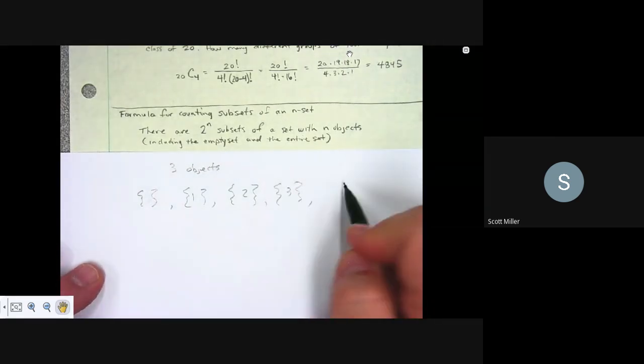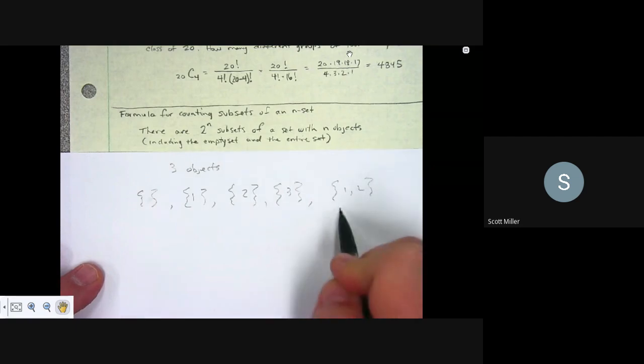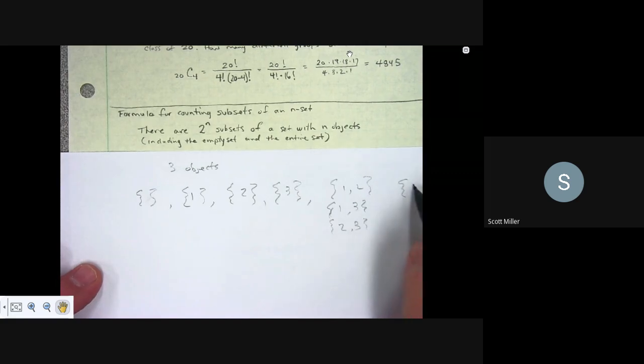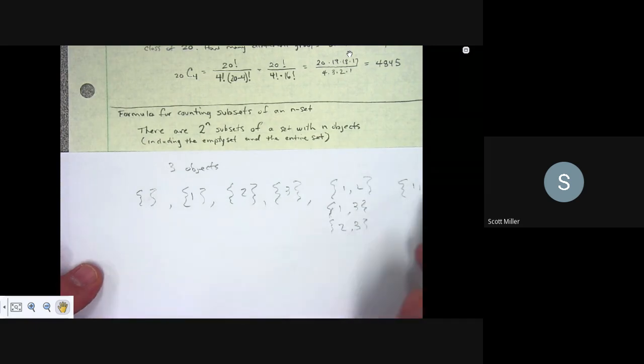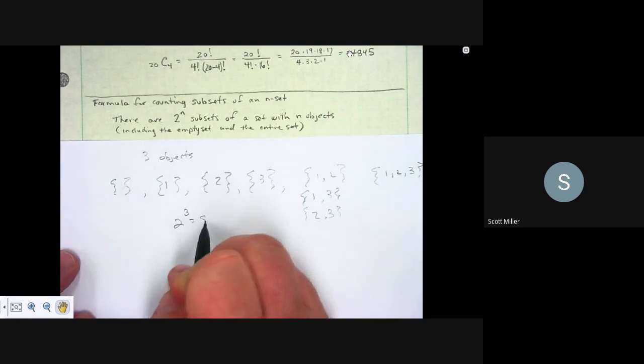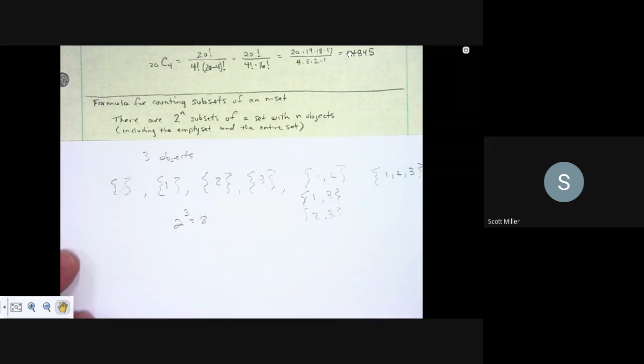I can have the group that has 1 and 2 in it, 1 and 3, 2 and 3, and then the whole group itself, which is 1, 2, and 3. And so it's 1, 2, 3, 4, 5, 6, 7, 8. And 2 to the 3rd power is 8. That's what they mean by subgroups.